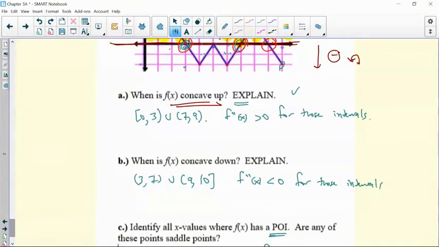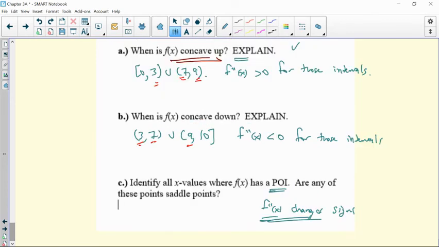And in hindsight, look, those are your transition points, right? 3, 7, and 9. Those are where you're changing from concave up to concave down. That's the definition. So POI, x equals 3, 7, and 9. How do I know? Because f double prime of x changes signs. And I can legitimately leave that as my reason because I'm seeing the second derivative.